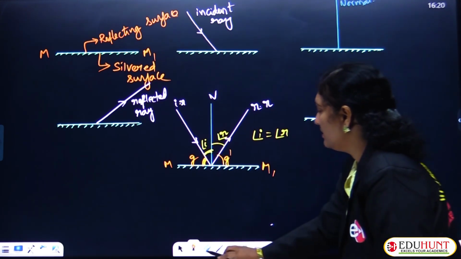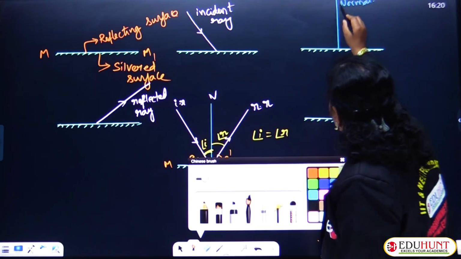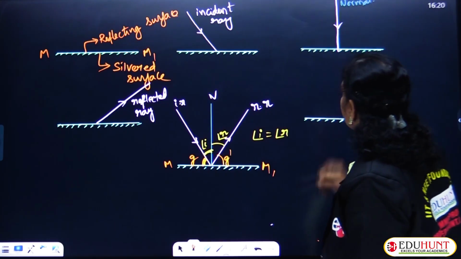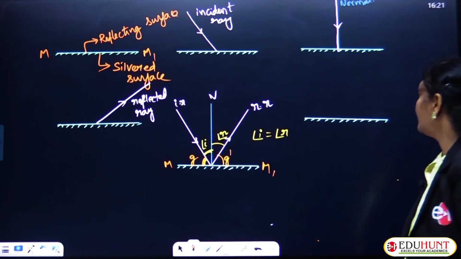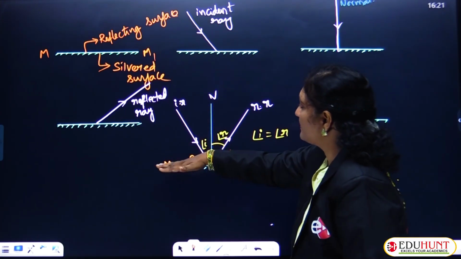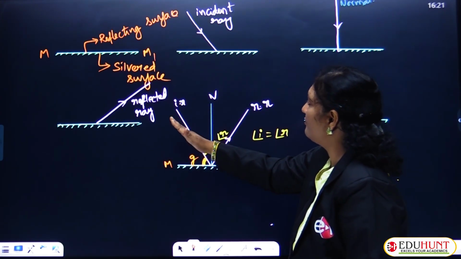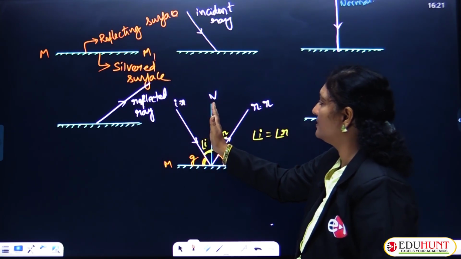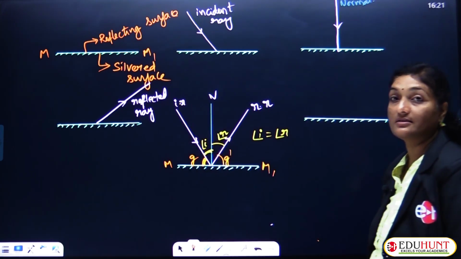Suppose, children, a light ray is incident along the normal, coming straight. What is the angle? If here it is 90 degrees, coming here 45, 30, 20, 10, 5, 4, 3, 2, 1, and here it is 0.